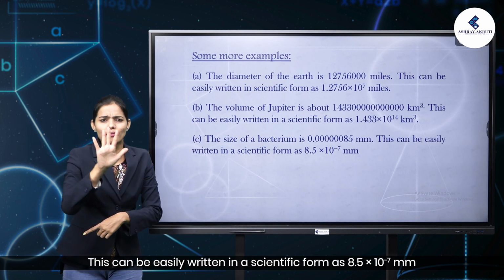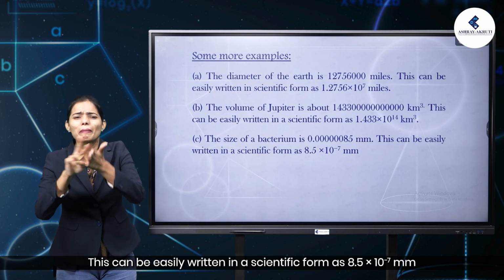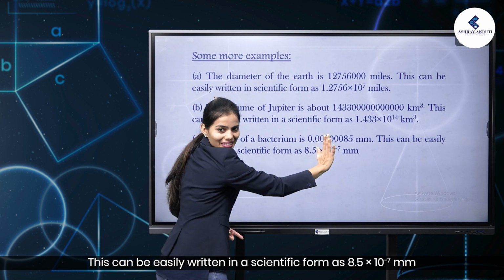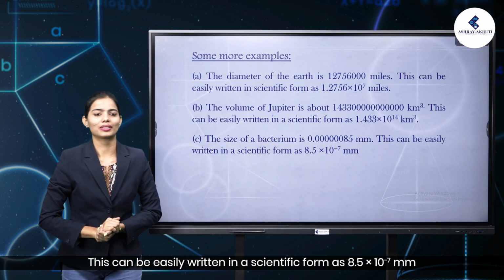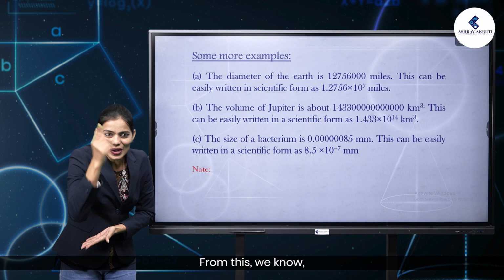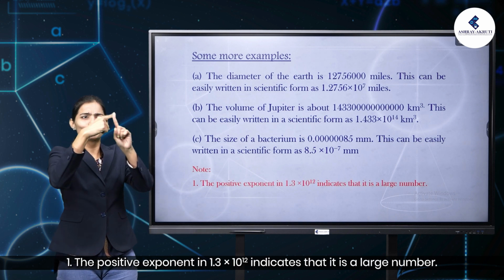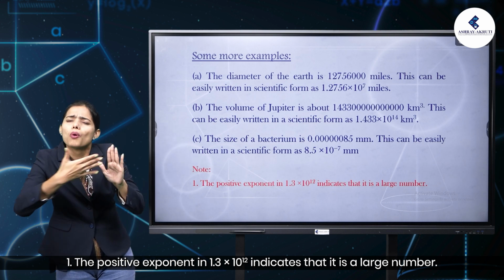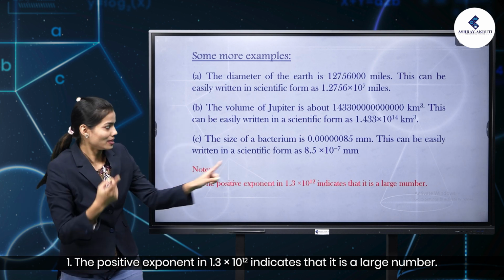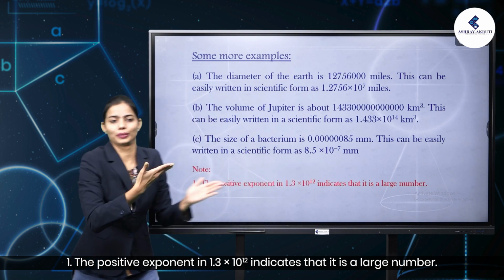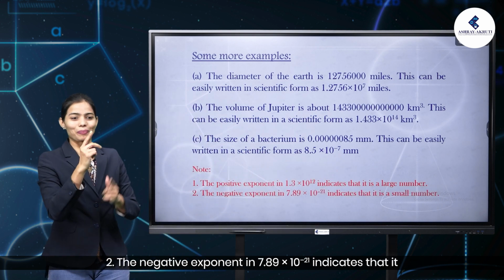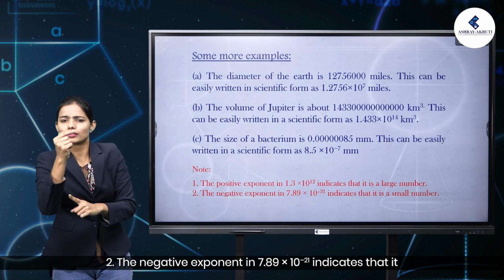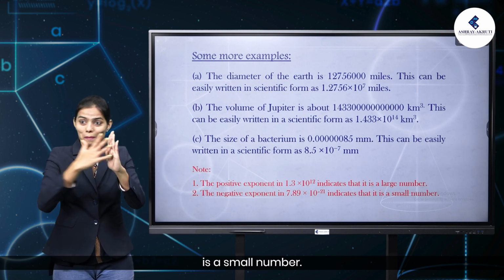This can be easily written in a scientific form as 8.5 into 10 power minus 7 mm. From this, we know the positive exponent in 1.3 into 10 power 12 indicates that it is a large number. The negative exponent in 7.89 into 10 power minus 21 indicates that it is a small number.